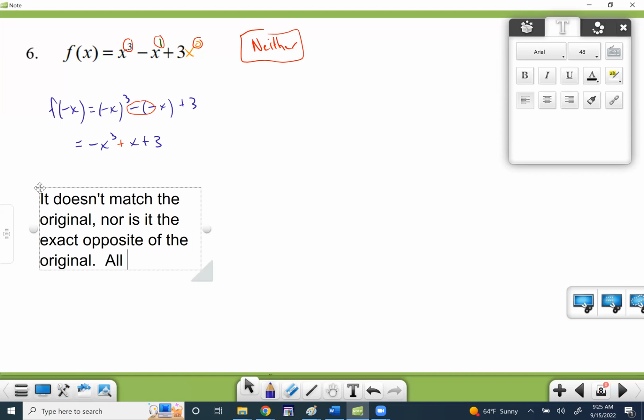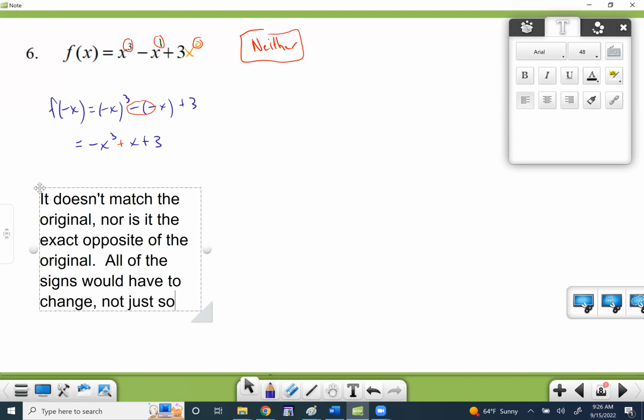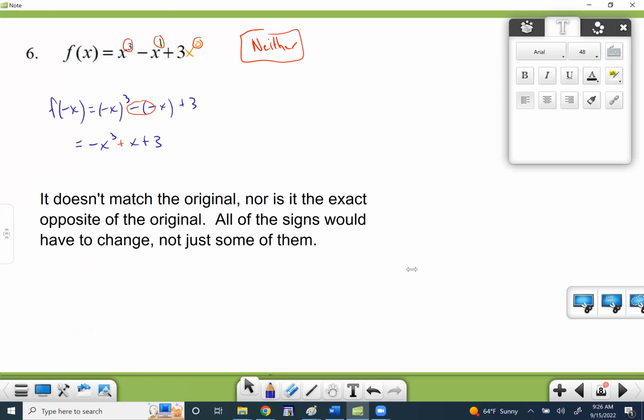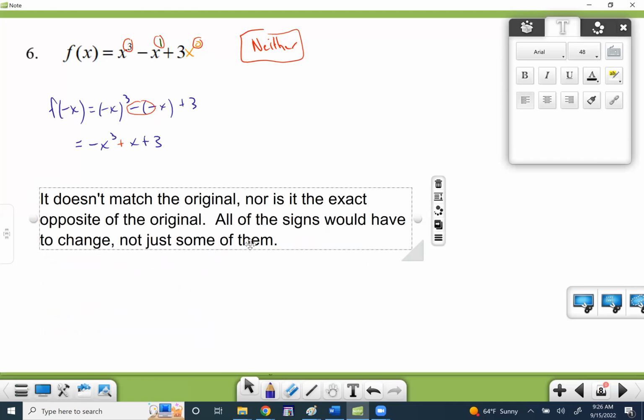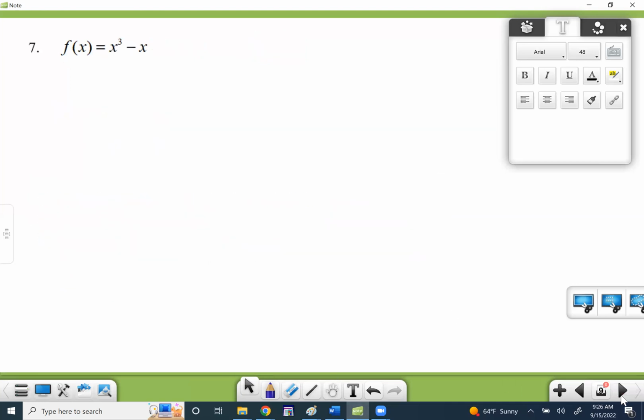All of the signs would have to change, not just some of them. Okay. All right, so this is a neither. Okay, let's try this one.